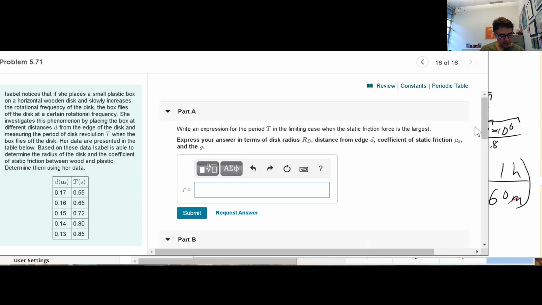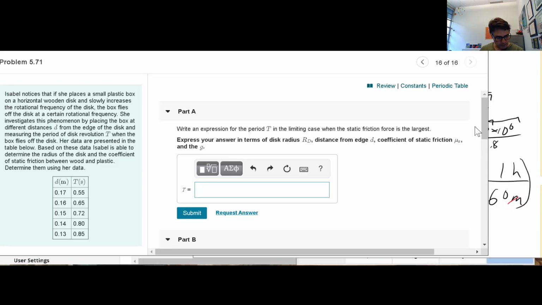Okay, Isabel notices that if she places a small plastic box on a horizontal wooden desk and slowly increases the rotational frequency of the disc, the box flies off the disc at a certain rotational frequency. She investigates this phenomenon by placing the box at different distances d from the edge of the disc and measuring the period of the disc revolution, t, when the box flies off the disc.